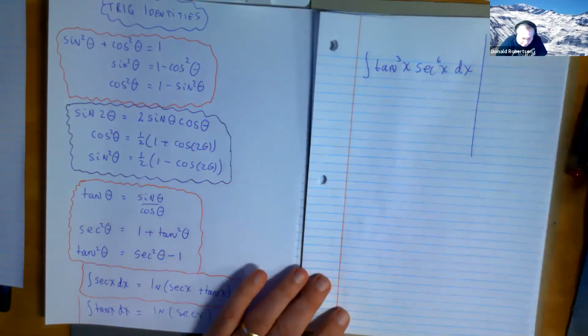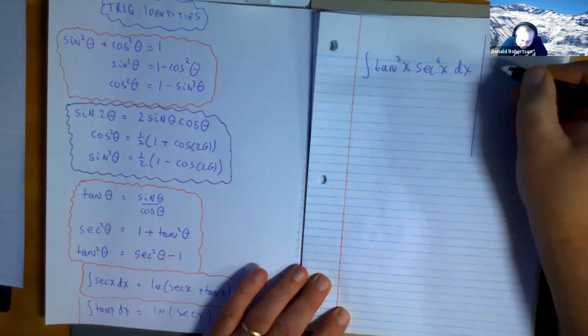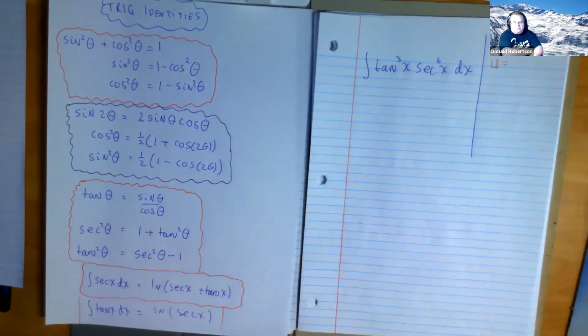This guy is a u sub. I just need to know which one to pick, secant or tan. It's always a secant or a tan, right? Secant.